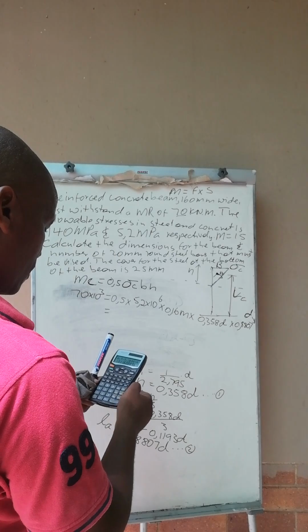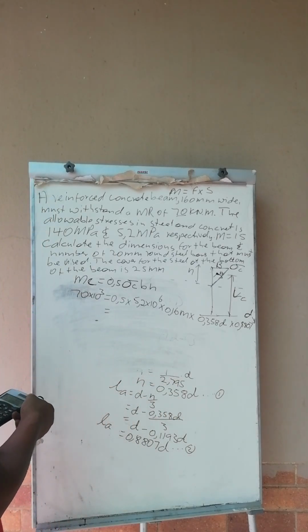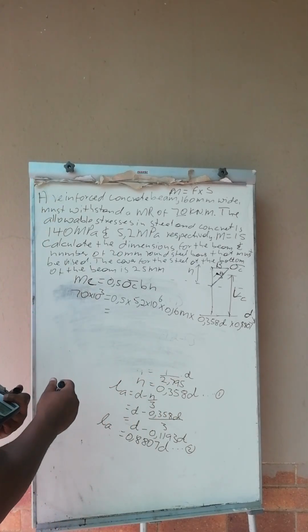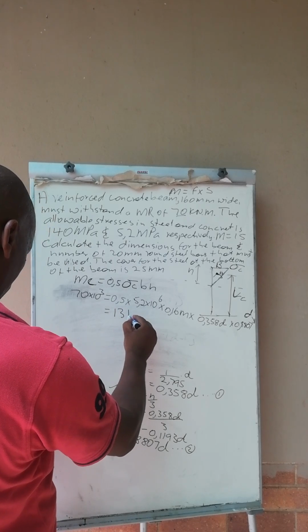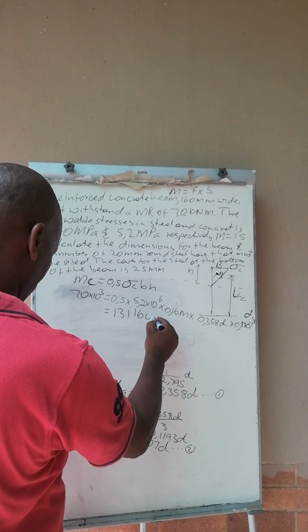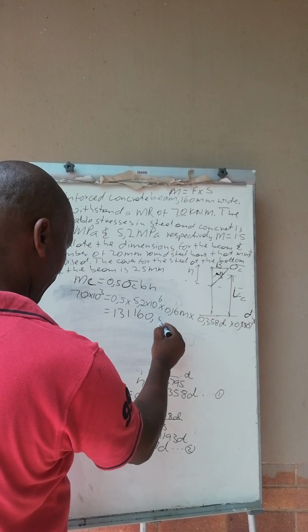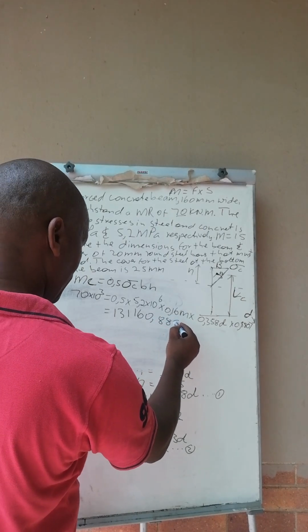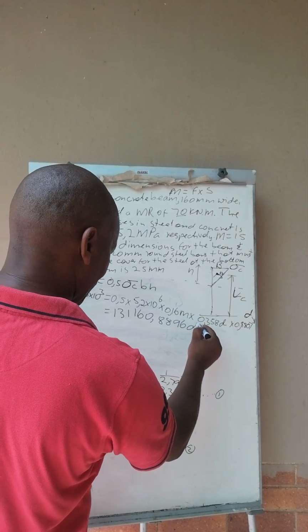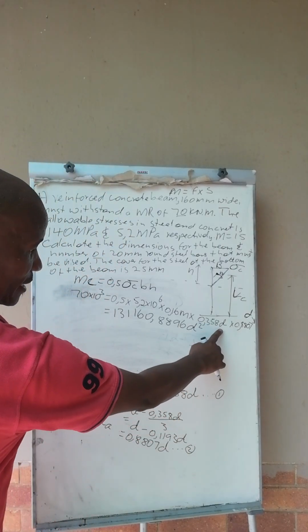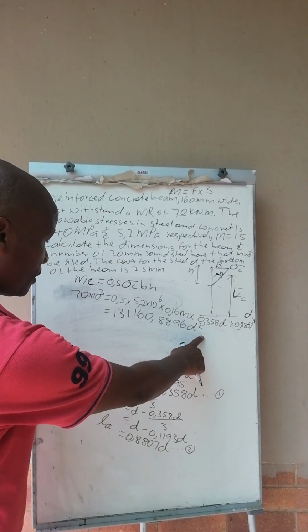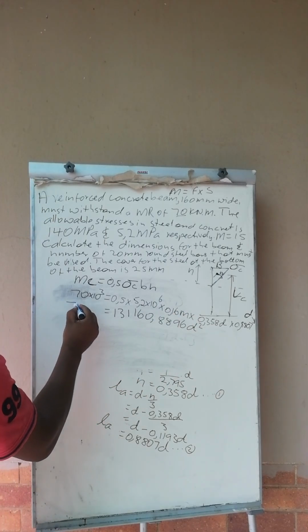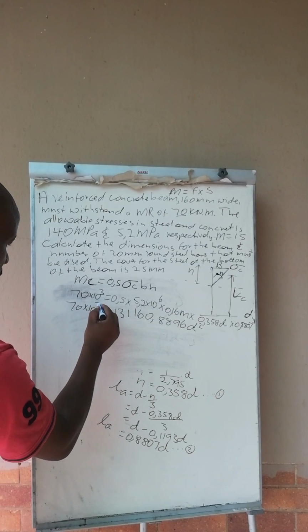The answer is 131,160,8896 d squared, since d multiplied by d is d squared, equal to 70 multiplied by 10 to the power 3.